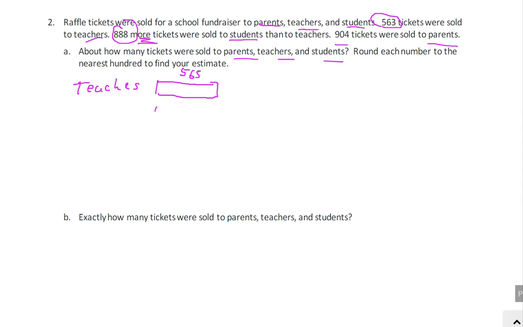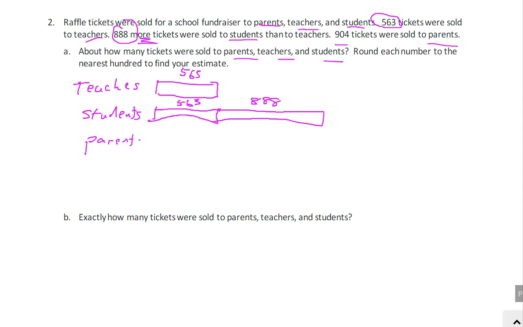So I have to take the same amount that the teachers sold, the 563, and to that I need to add 888 more. And this is going to give me how many tickets the students bought. And then the last one is the parents. It tells us that the parents bought 904. So 904 for the parents.